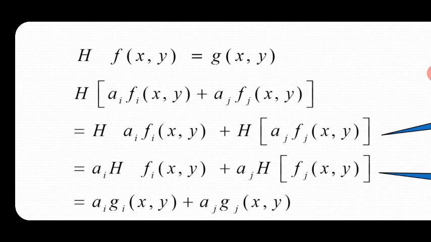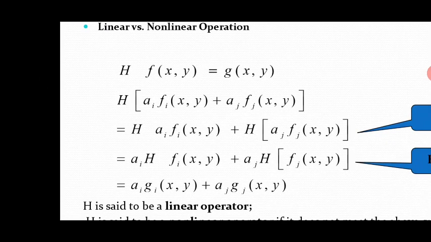Second one, fj is one more image, again in the form of rows and columns, each element will be multiplied by aj, and after multiplication you again end up with a matrix. You add them together, and you perform one of the operators, called the H operator. This is the left hand side, I hope you understood this one.